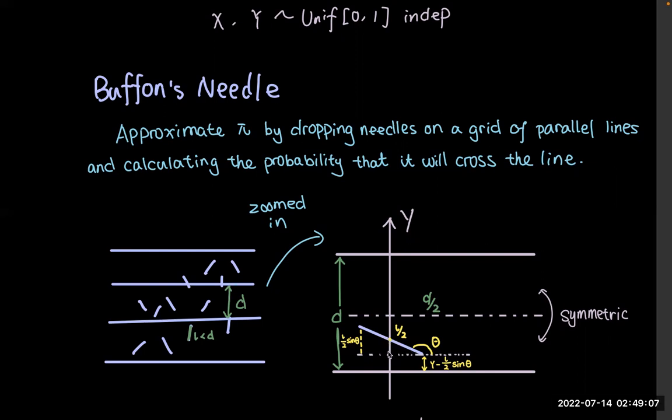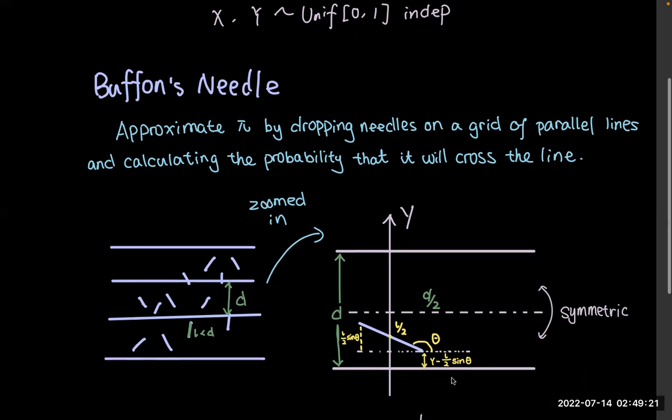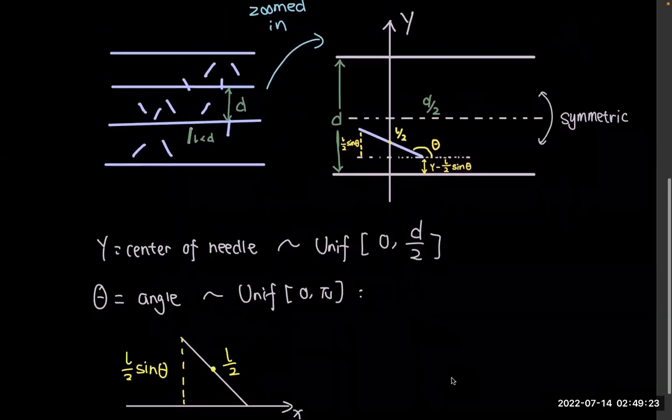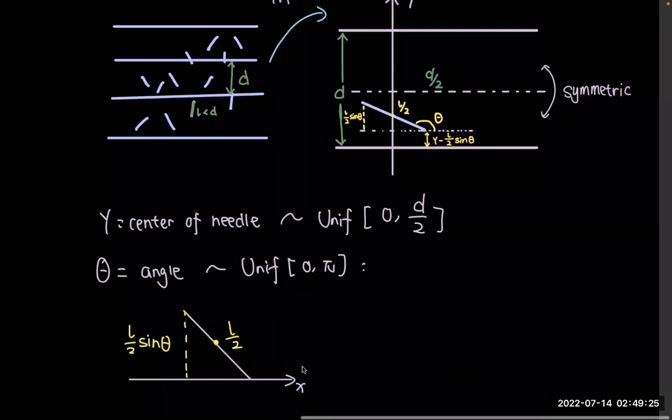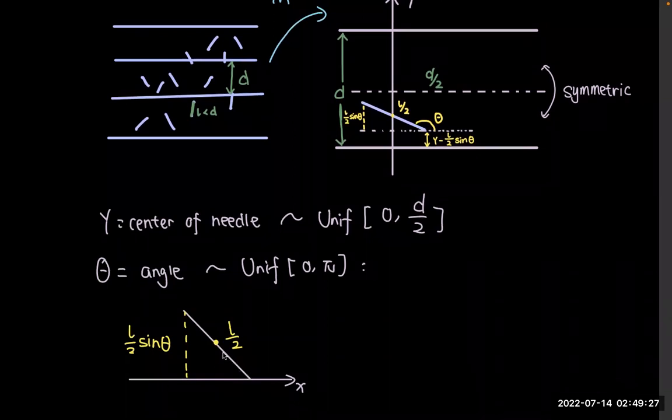So the point is that if our y, the center, is less than L over 2, then this point will touch the horizontal line. If you think about here, this is a horizontal line, and this is the angle theta, and this height is L over 2 sine theta.